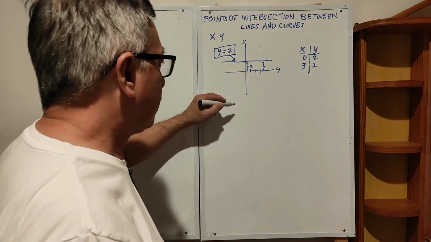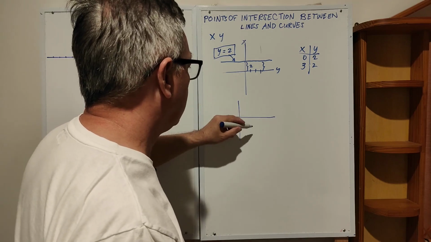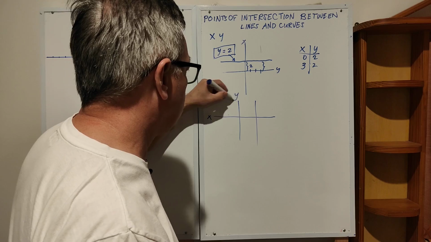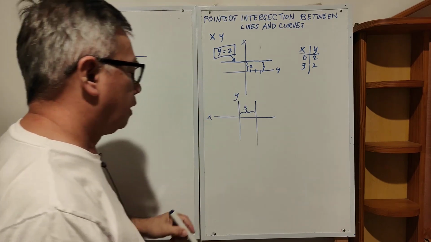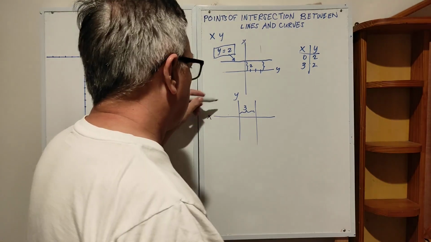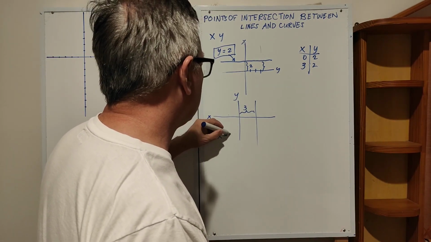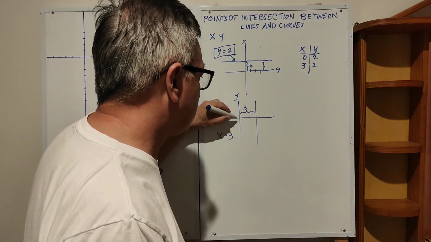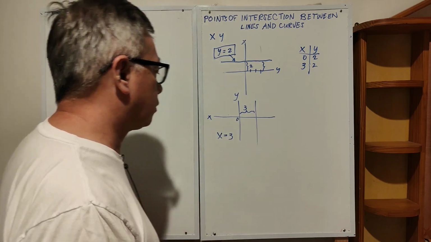Now if you have a vertical line, so for example here, this is your x, this is your y, and this has a distance of 3. So your equation would be x is equal to 3 because this is the origin. It goes 3 units to the right. It has an x equal to 3.